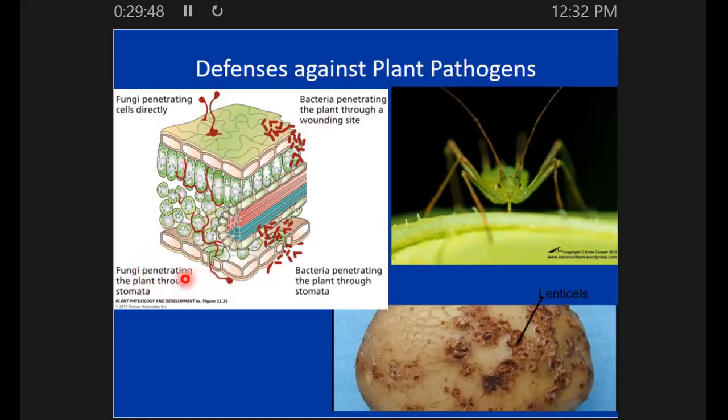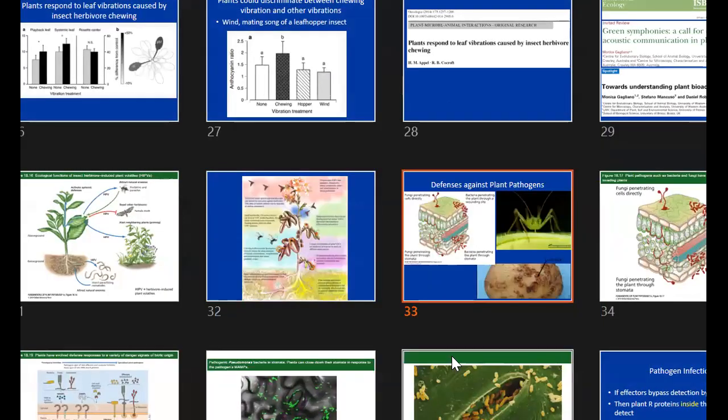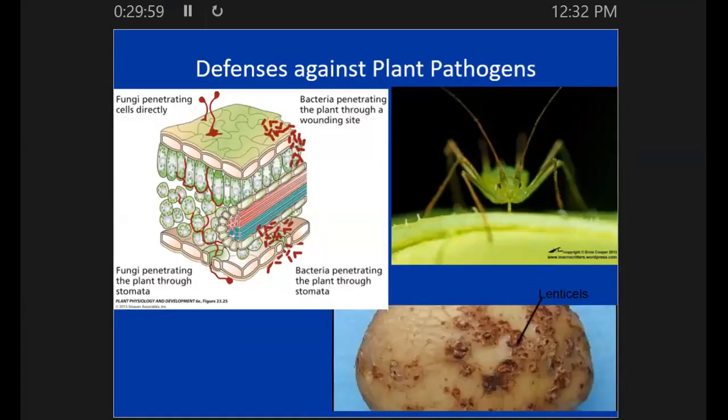So certainly the stomata, I'll show you a picture in a bit here. The stomata, the pore, is definitely big enough for bacteria and fungi to get in. It's pretty straightforward. So unfortunately, that's one easy way for microbes to get in.